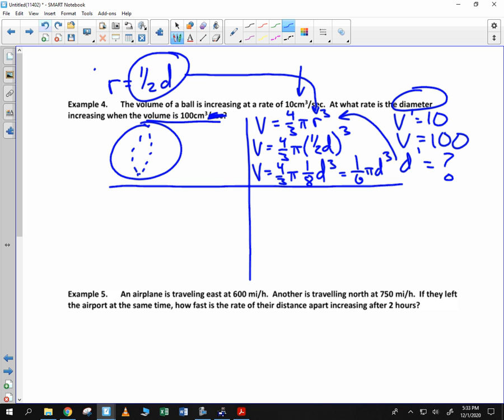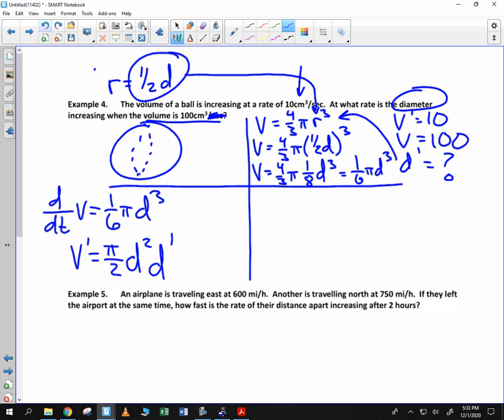Let's go ahead and take the derivative with respect to time of volume equals 1 over 6 pi d cubed. I get V prime is equal to, drop the 3 in front, and we get 1/2, or pi over 2, d squared d prime. If we plug in V prime, we have 10.